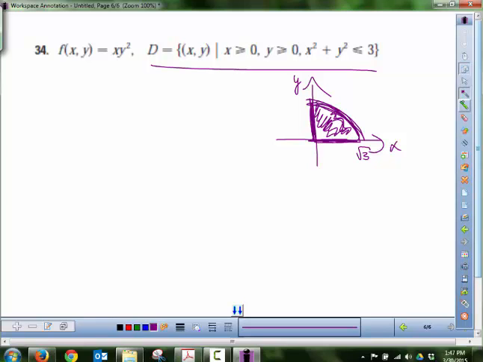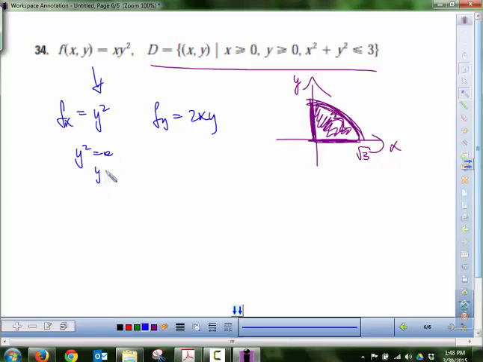So let's first find the critical points. So we need our fx and fy. Fx is y squared. Fy is 2xy. And so when fx is equal to 0, then you put that in here, 2x, 0. Looks like x can be anything, right?